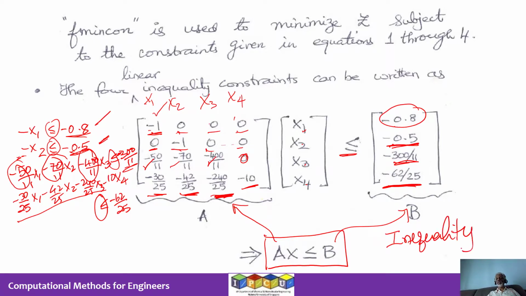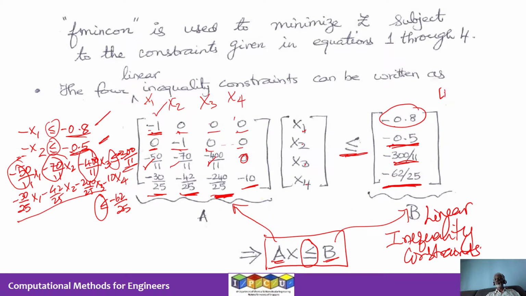To be very specific, linear inequality constraints. And MATLAB would want the linear inequality constraints to be in less than or equal to form, and we have that here, no problem. So this is a compact way of representing all our four linear inequality constraints.